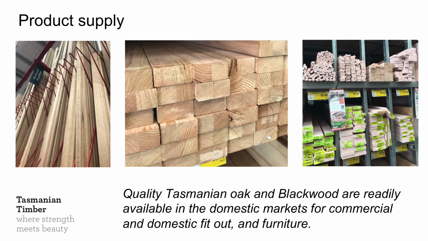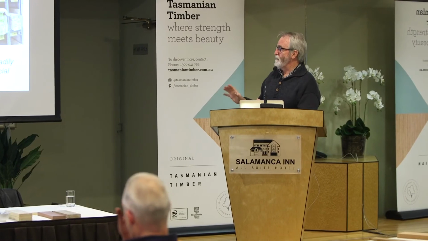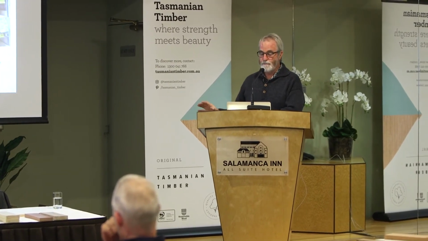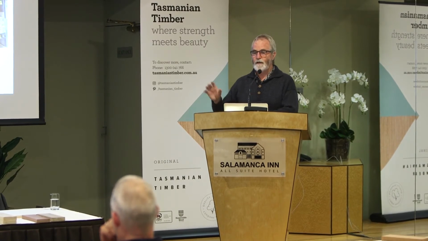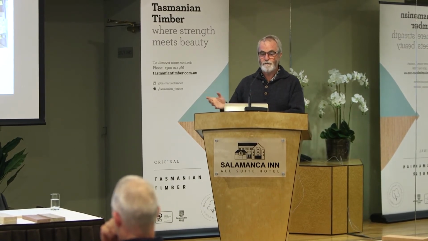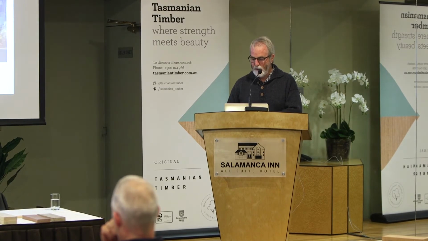You've got then here a whole series of different profiles that you can buy from the hardware store. So there's a ready supply of material. If you're into a larger project, there's then particular supply you can organise with the producers themselves.